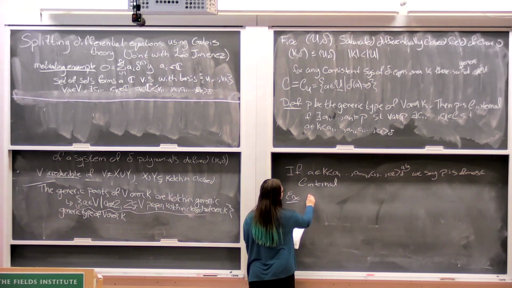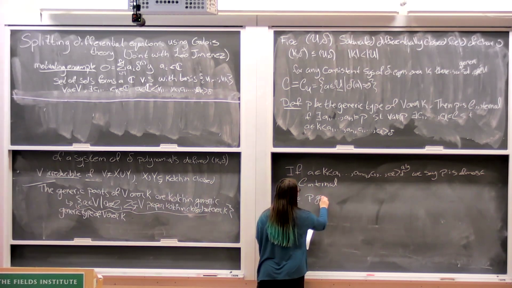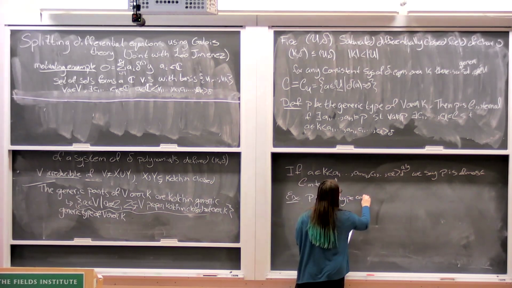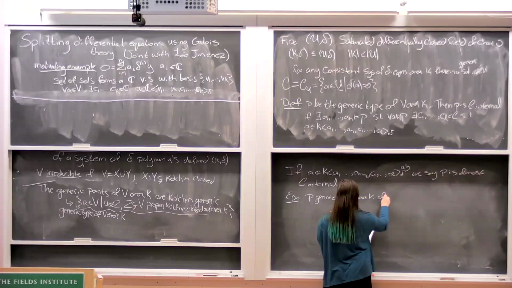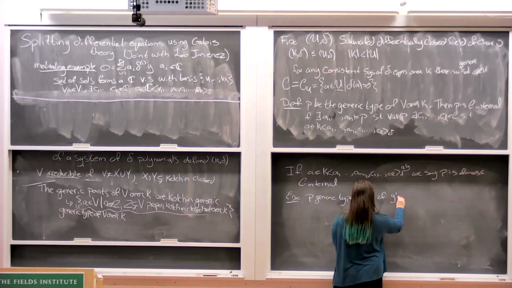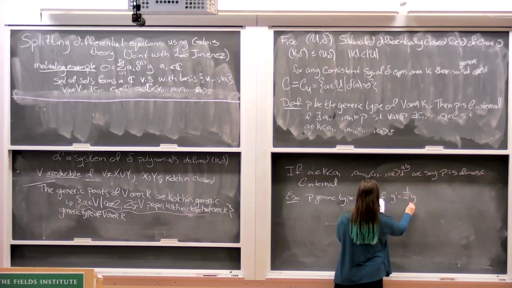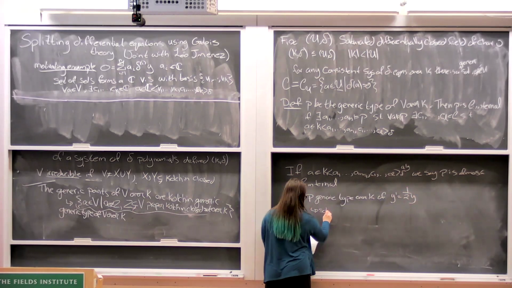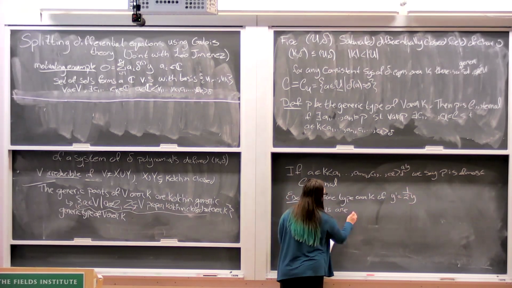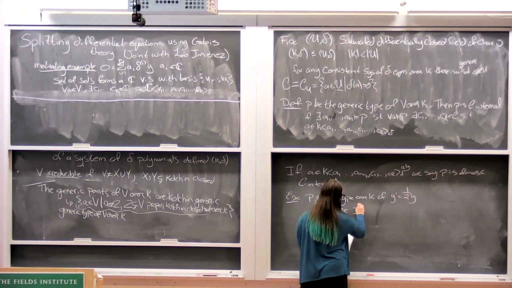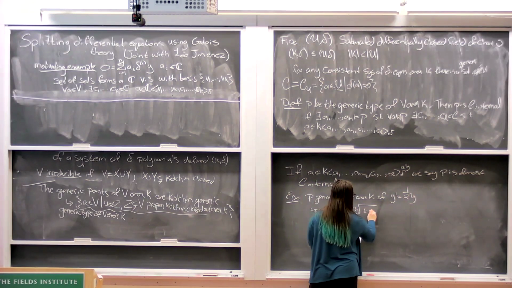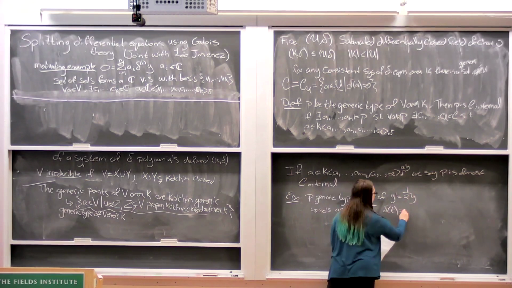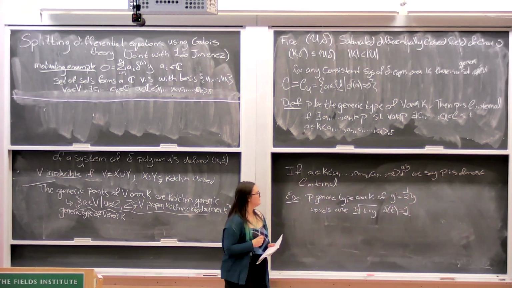So one example is if we let P be the generic type over K of the equation y prime equals 1 over 2y. So the solutions of this are of the form plus or minus the square root of t plus y for some transcendental element which has derivative 1.